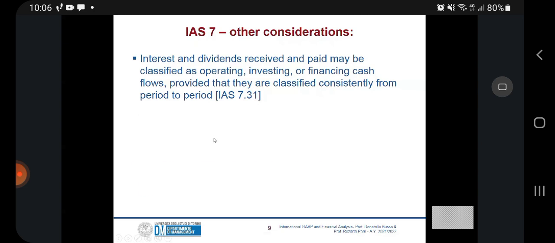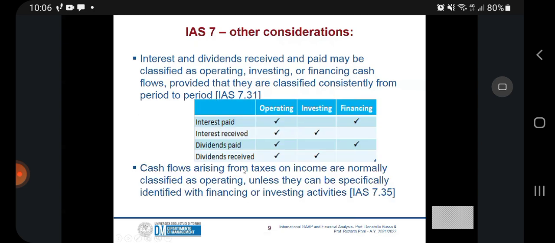Another thing to remember is that the cash flows that arise from taxes on income are normally classified as operating. Usually we may wonder where to include taxes.